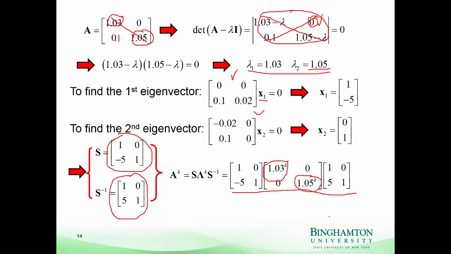For other systems, engineering type systems, we typically want those things to decay, because after we stop putting stuff into the system, we would like its response to decay away.